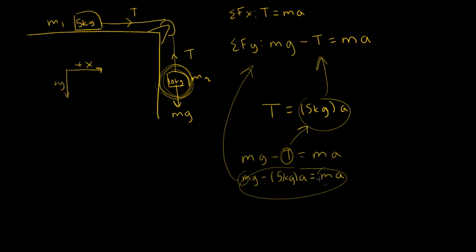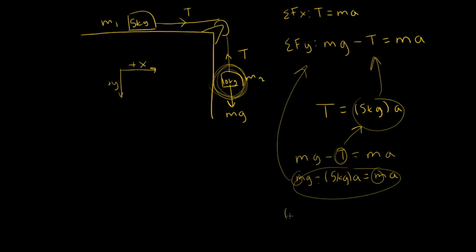So for here and here, we're going to plug in 10 kilograms. We write 10 kilograms times g, which is 10 kilograms times 9.8 meters per second squared, because we know that's the force due to gravity, minus 5 kilograms times a equals 10 kilograms times a.